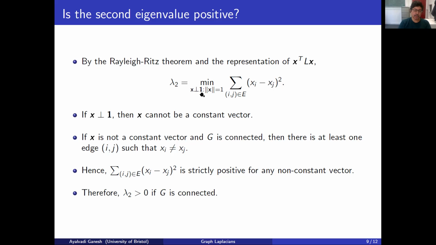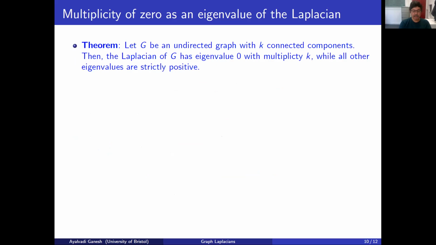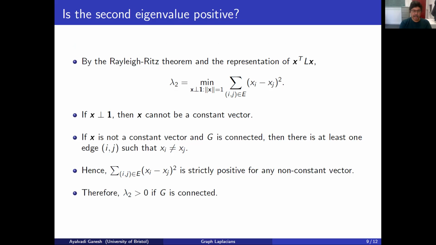It's orthogonal to the all one vector, so it's not constant. And at that minimizer, the sum is strictly positive if the graph is connected. And so this eigenvalue lambda 2 is strictly positive. Okay, so if the graph is connected, it's positive.